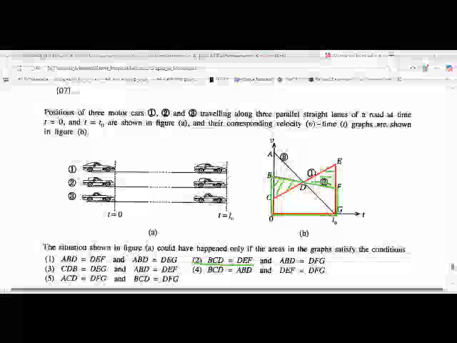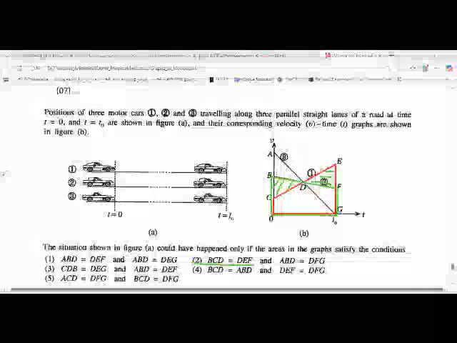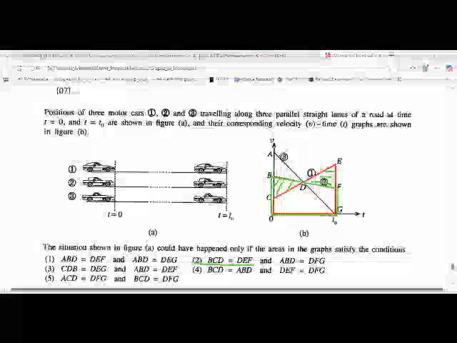Also, if this area, ABD, is equal to DFG, then the displacement of the third car should be equal to the displacement of the second car.